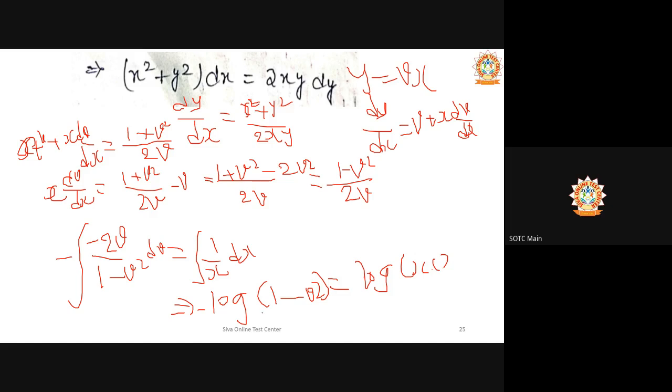Right? So if you send this minus here, it will come minus 1, then log will get cancelled. You will get 1 by 1 minus v square is equal to x into c. So in the final, you just need to substitute v as y by x. Right? Now try to see the next one.